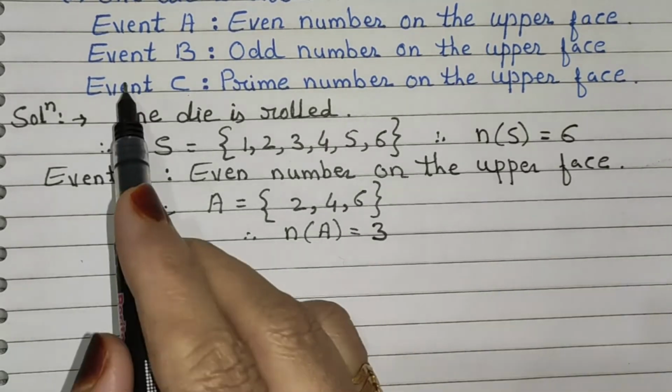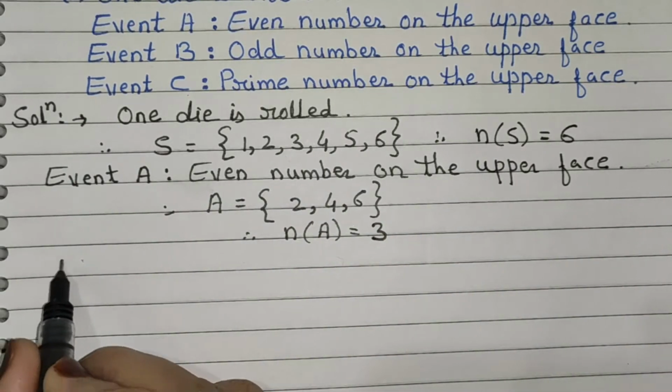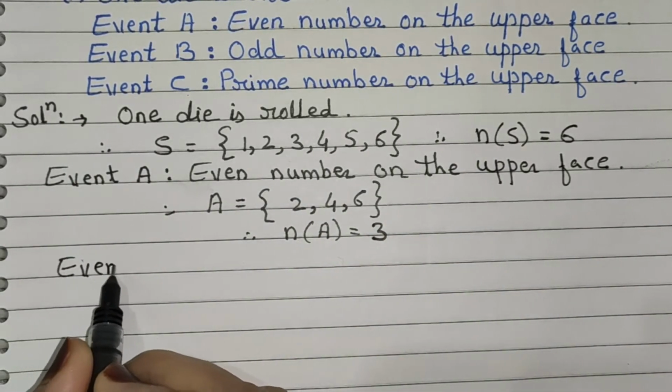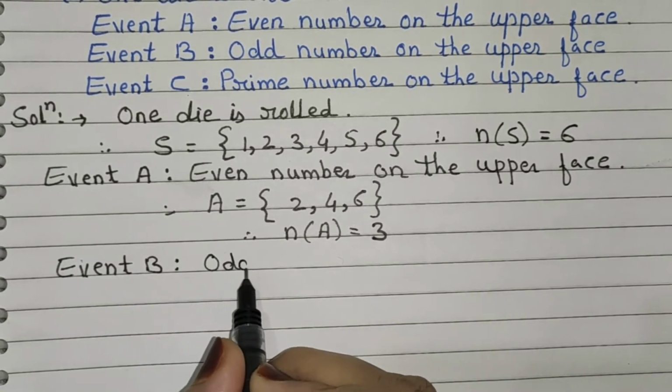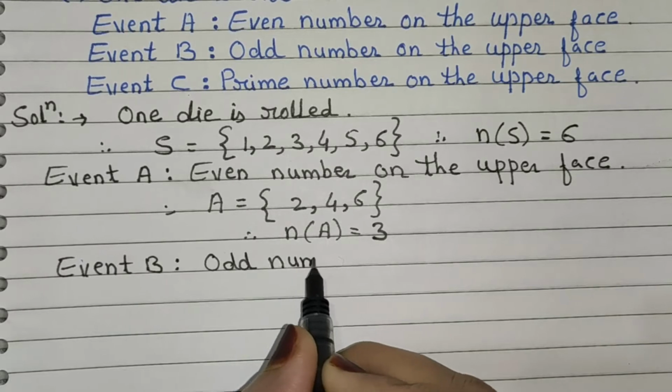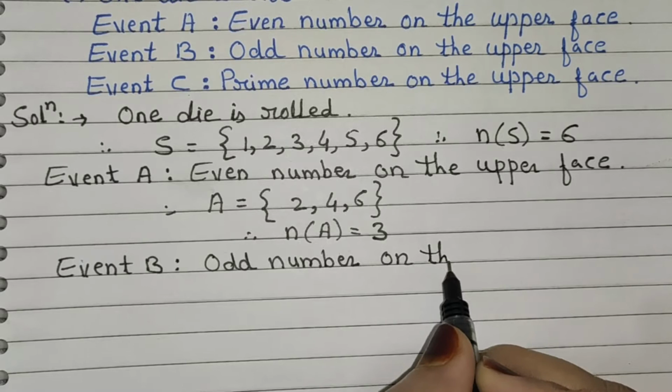Now the next event B, condition is odd number on the upper face. Therefore write here event B, odd number on the upper face.